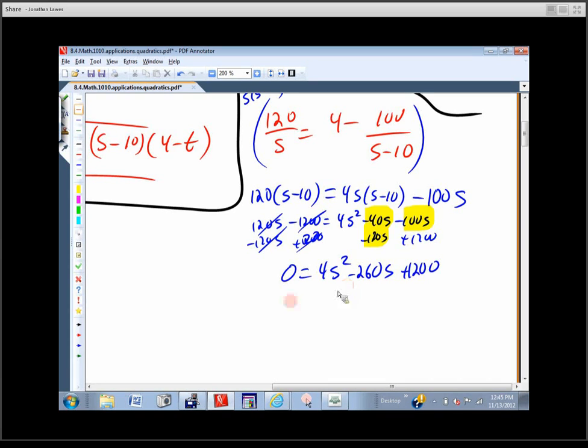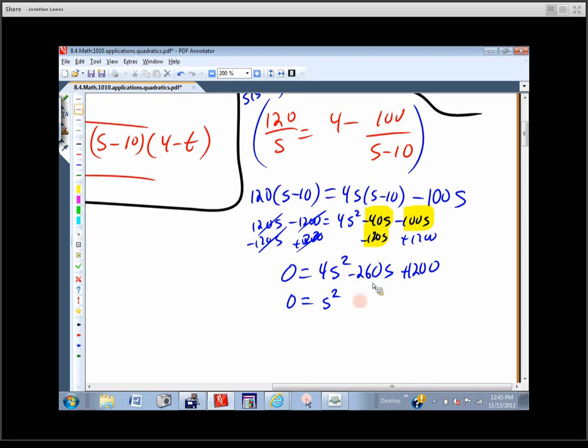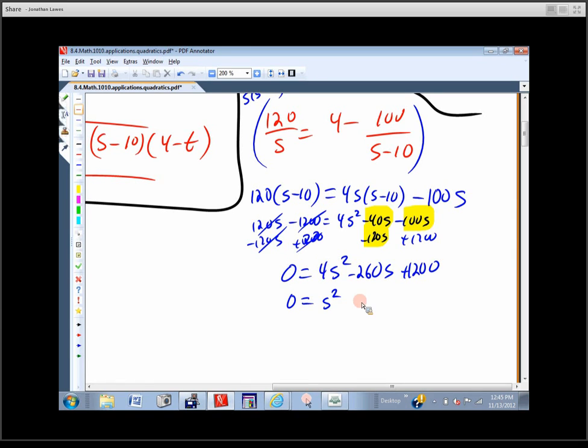So if I divide everything by 4, I get s squared, negative 65s, and then if I divide this by 4, I get 300. Holy cow, look at these numbers. I need numbers that multiply to be 300 that combine to be 65. Think about that for just a second.